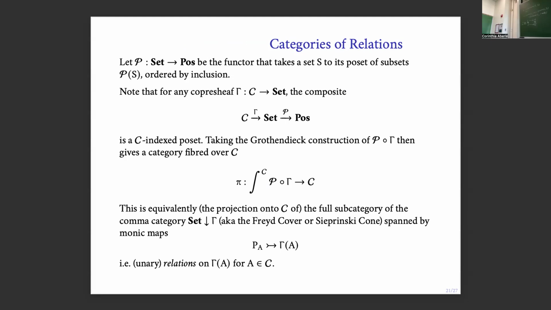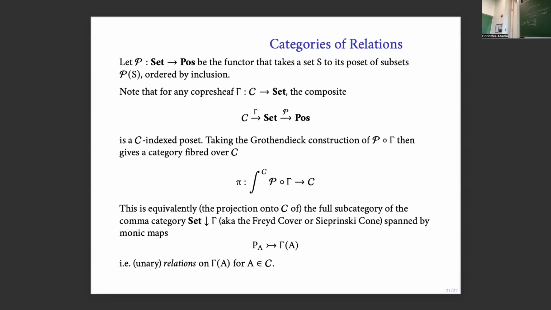on each of the sets gamma A for each A in C. And so this is equivalent to the full subcategory of this comma category, where we take Set and gamma. This is also called the Freyd cover or the Sierpinski cone.